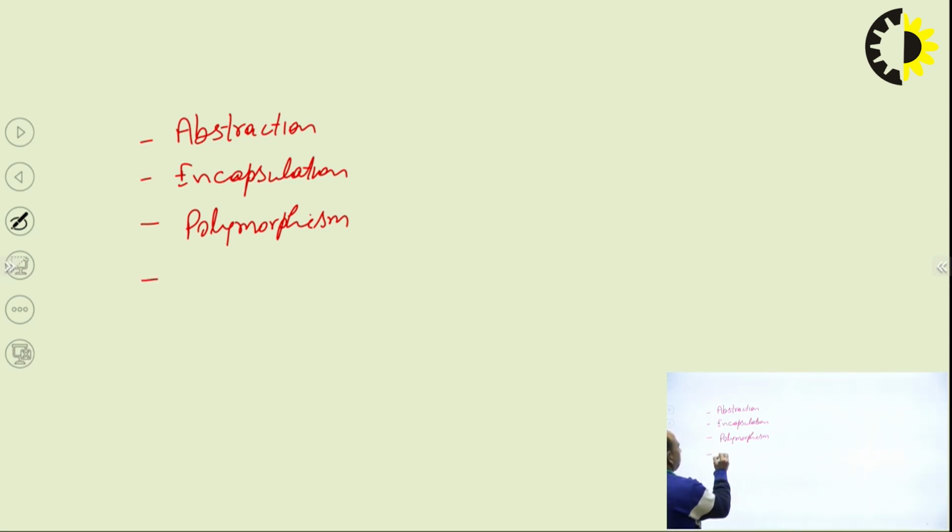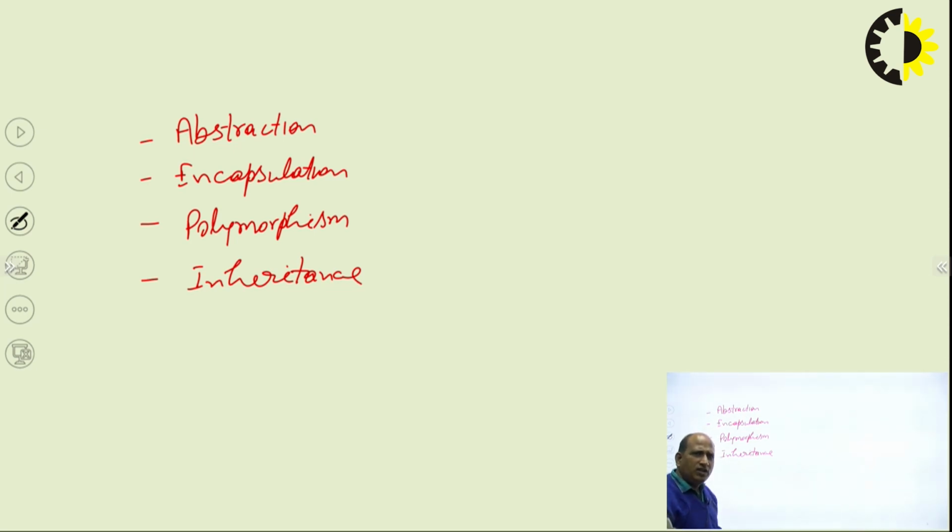And the next one is inheritance. Inheritance means when one class acquires the attributes and behavior of another class. There are different types of inheritance that we will see later on.